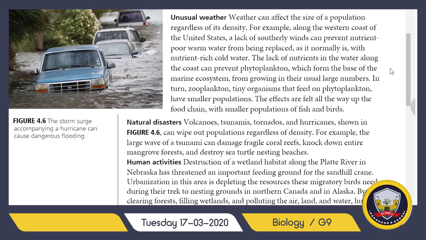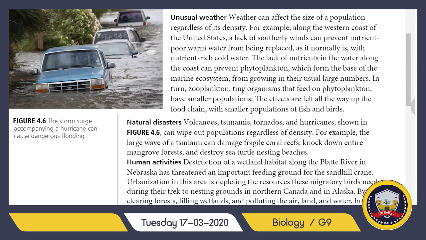The number of wildebeest feeding in that area will decline. Okay, so because of that, the number of zebra population will decline, giraffe will decline, elephants, hippos, and even the crocodiles, because there are no more populations of any animals that they can eat. And this is the unusual weather.